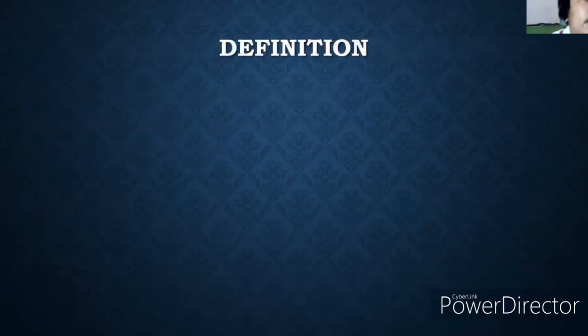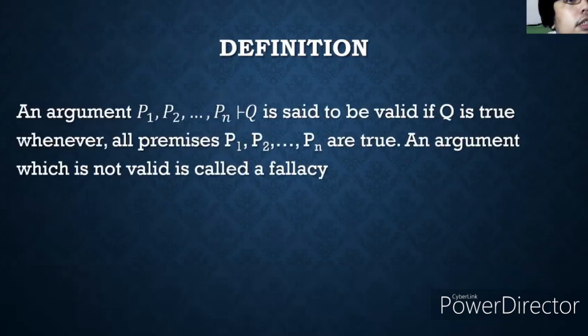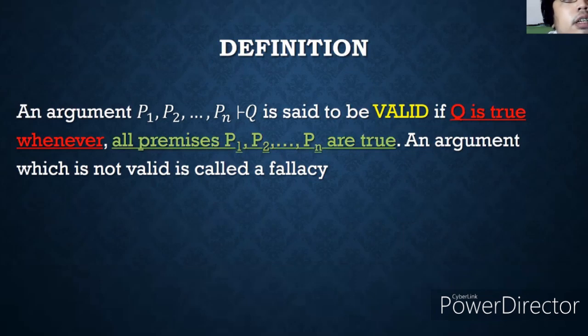Okay, now let's proceed with the definition of a valid argument. An argument with that expression is said to be valid if Q is true whenever all the premises are true. An argument which is not valid is called a fallacy.